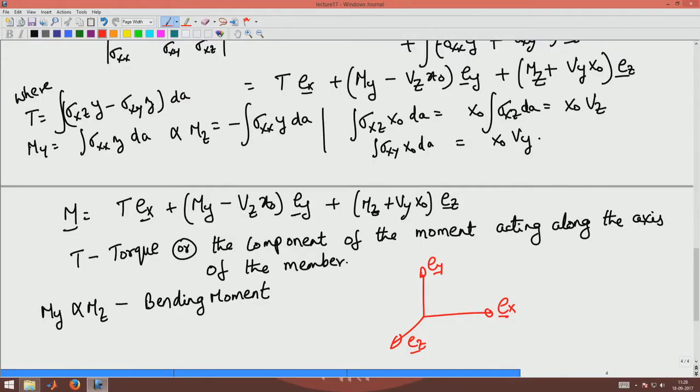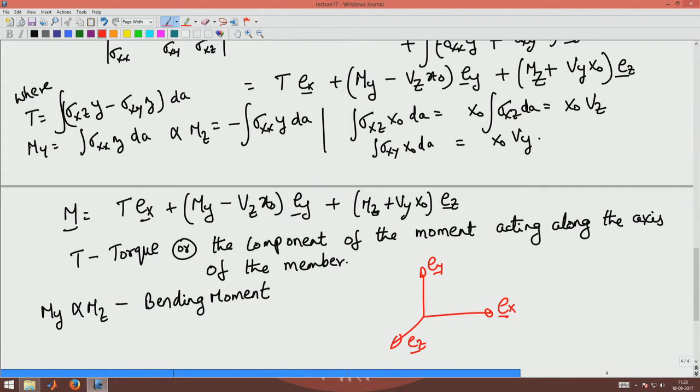Whereas the torque is not going to produce a displacement normal to any of the axes, but what it is going to do is produce an angle change. Okay, the torque is along the axis of the member. So, what happens is the shear stress causes the torque, which produces an angle change in the member. Okay, so that is why we are not interested in the torque right now, we are interested in the bending moments.